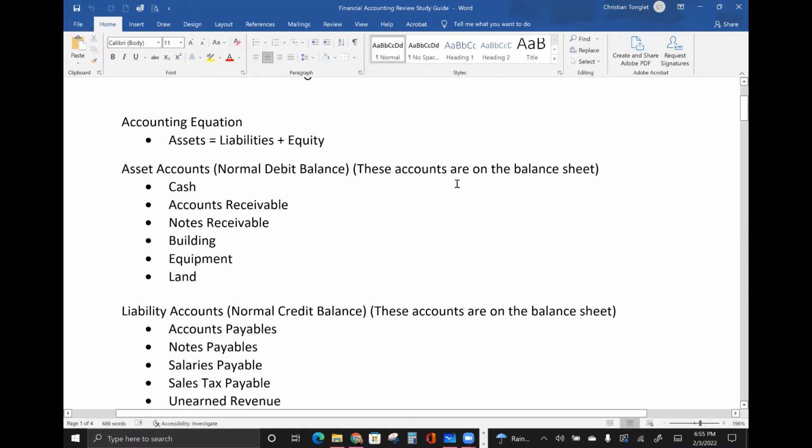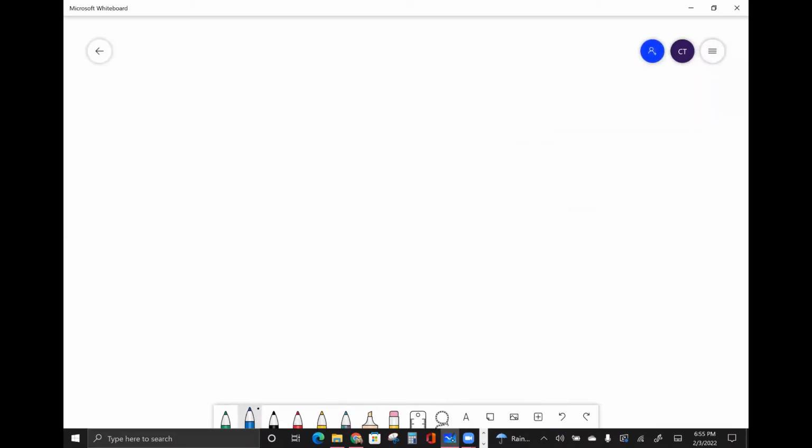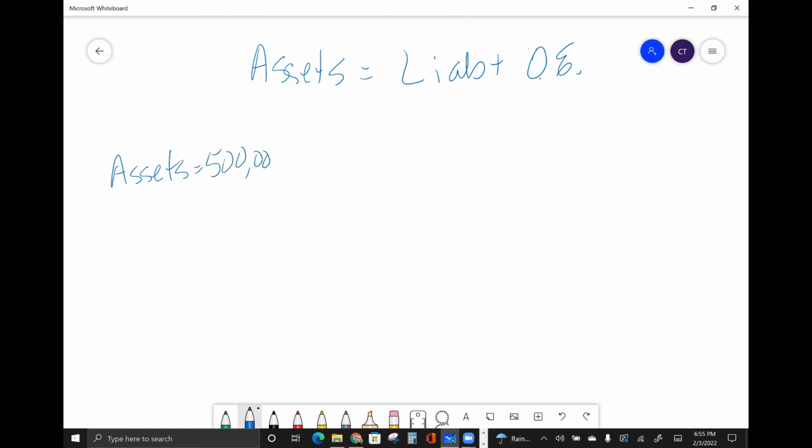So if, and I don't know if you had a question like this, but you may have. If I said that I had assets of 500,000, and let me do a new page. Let's say I ask a question about the formula. If I say you have assets of 500,000, you have equity of 300,000.